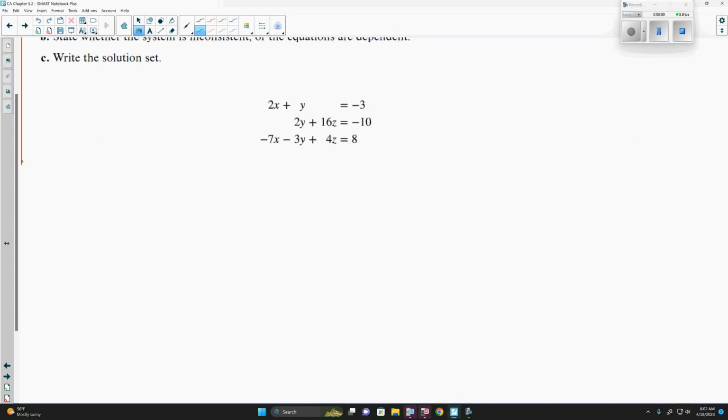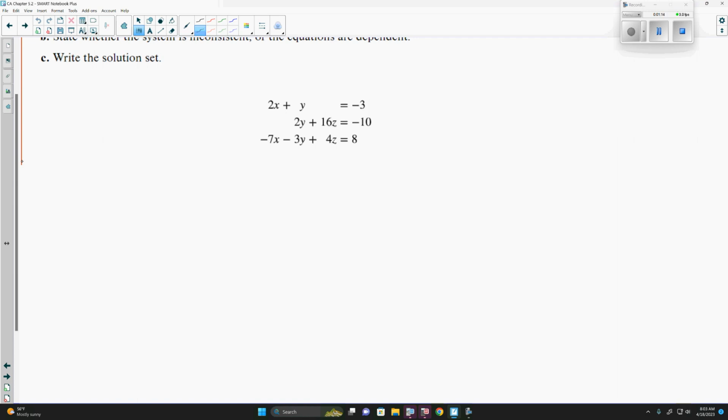Now the first thing we need to do in solving these is to pick a variable to eliminate out of all three. One thing that is nice is that the first equation is only in terms of x and y, the second's only in terms of y and z, and the third is in terms of x, y, and z. So we need to pick one to eliminate.